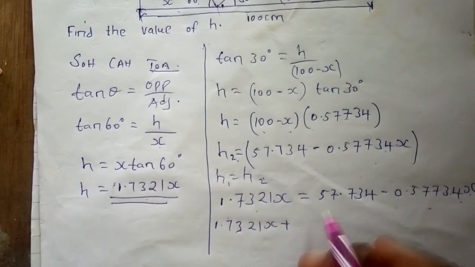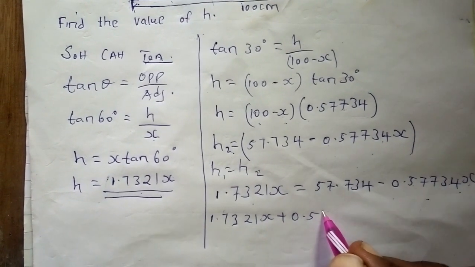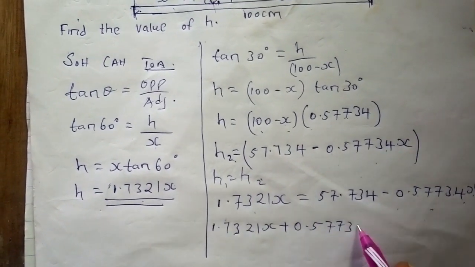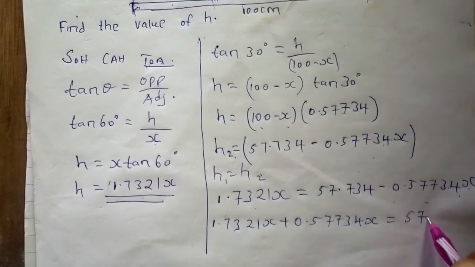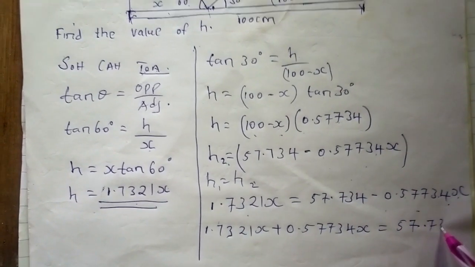So we are going to have 1.7321x plus 0.57734x is equal to 57.734.